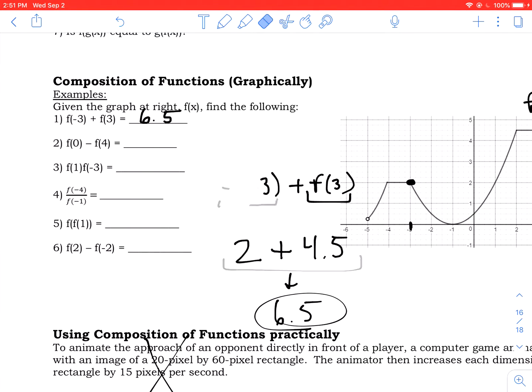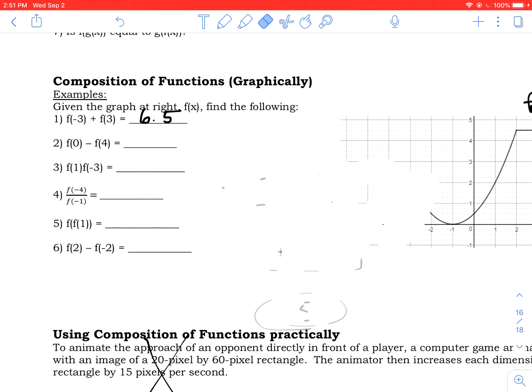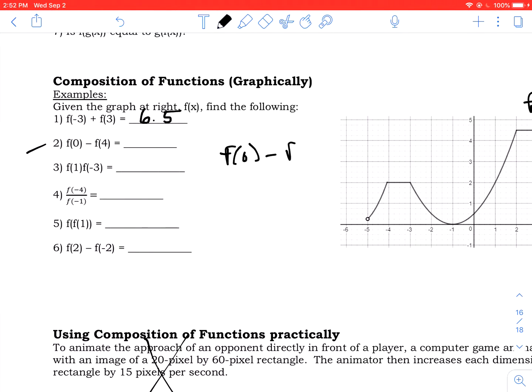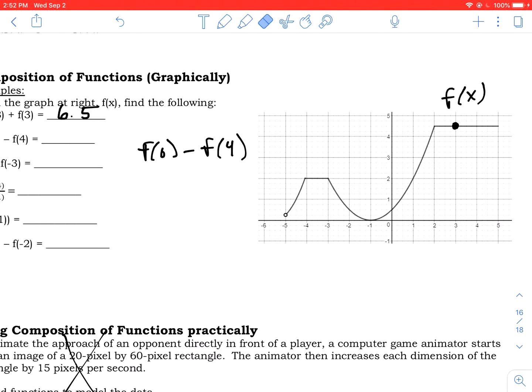Great. Moving right along. Let's do our next example. What about example 2, f of 0 minus f of 4? Okay, well, f of 0, when x is 0, y is 1/2. So f of 0 is 1/2 minus f of 4.